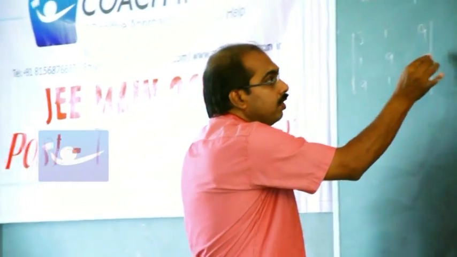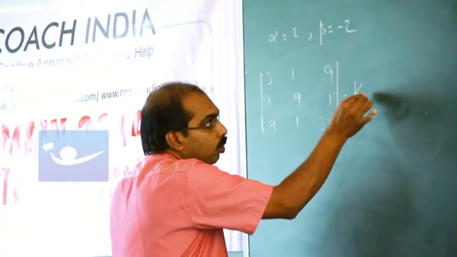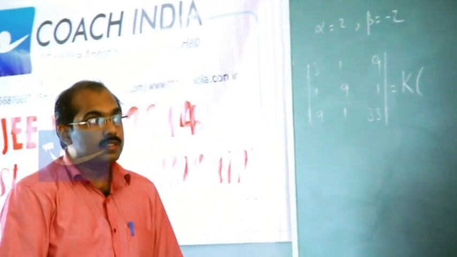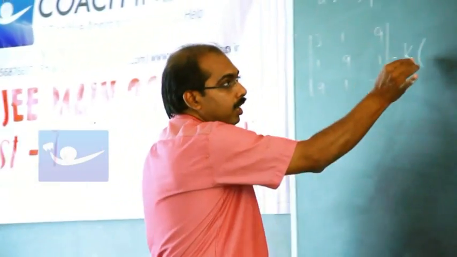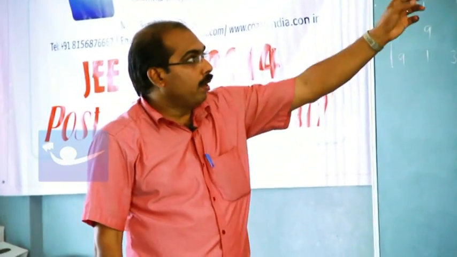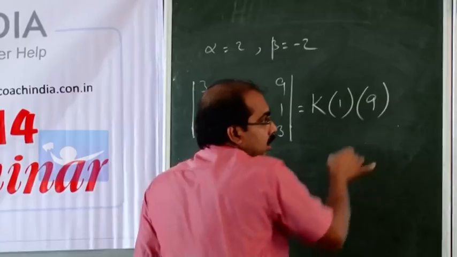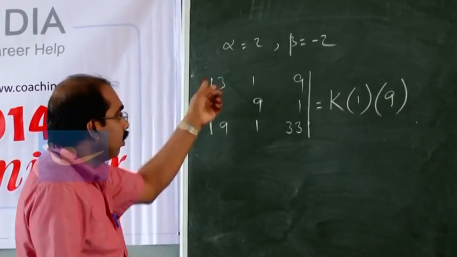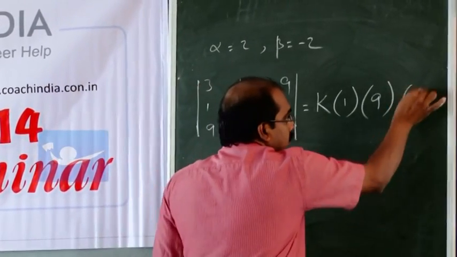And this is given to be equal to k into (1 minus alpha), (1 minus 2) square. So it is going to be 1 minus minus 2, 3 square, 9, alpha minus beta, 4 square, 16.